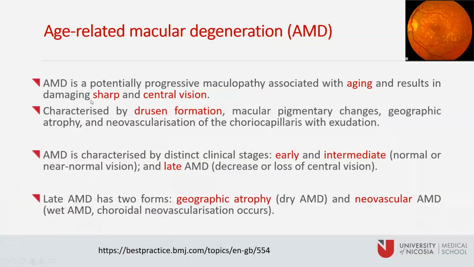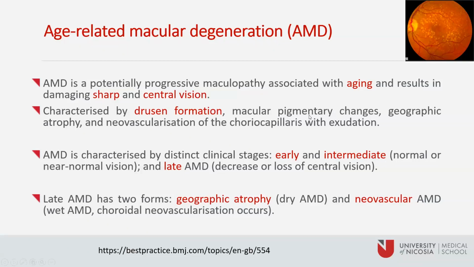This is a progressive maculopathy associated with aging, and it results in damage to sharp and central vision. The main characteristic of this condition is drusen formation. As you can see from the fundus photography image here, the drusen are those yellow spots, and basically they are lipid and protein waste products that accumulate in the back of the eye.